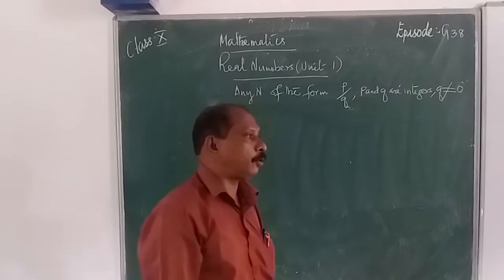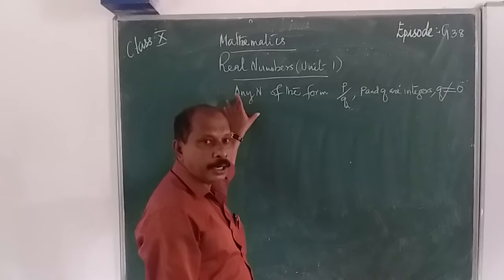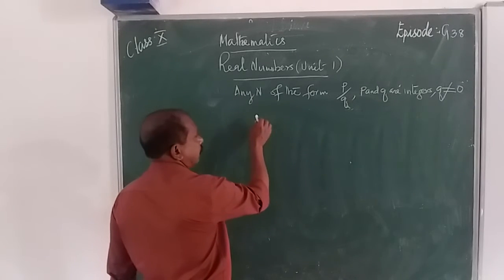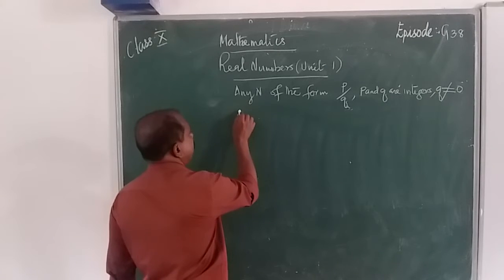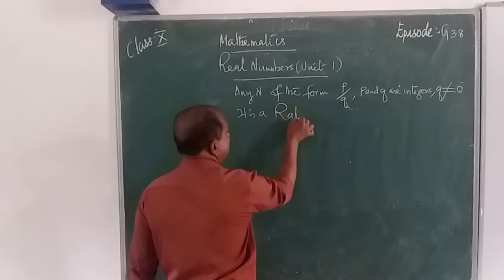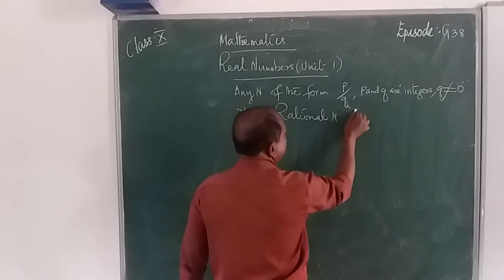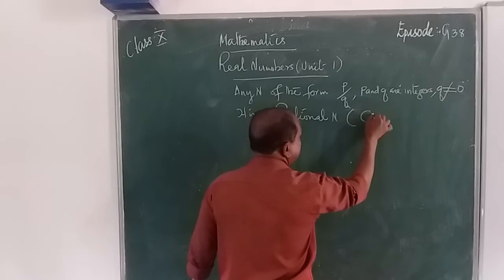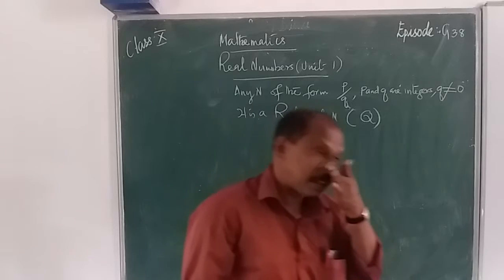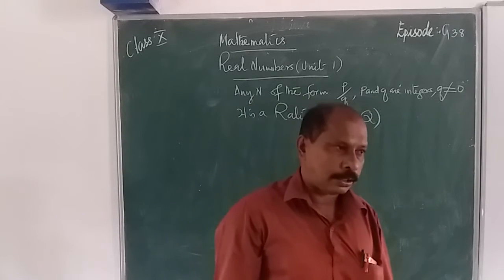That is the notation for not equal. The notation for a rational number is capital Q. Therefore, in the number system, let us consider the notation Q, which implies that it is a rational number.